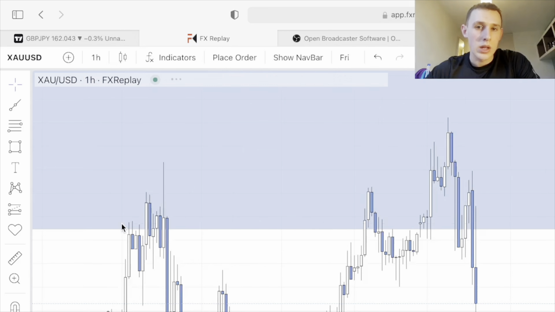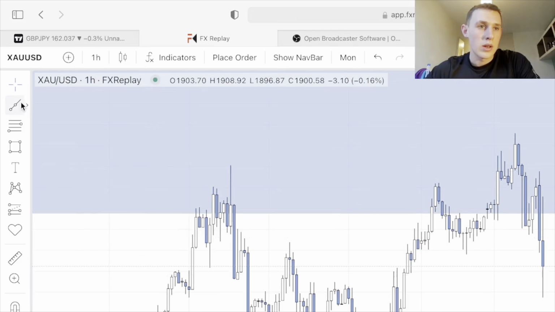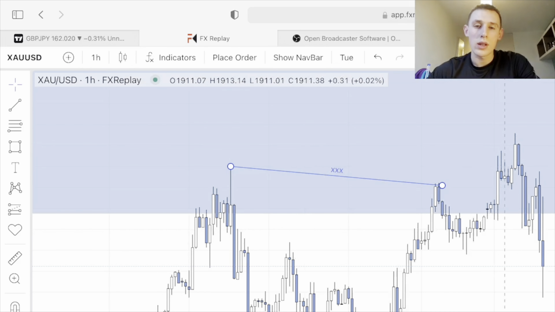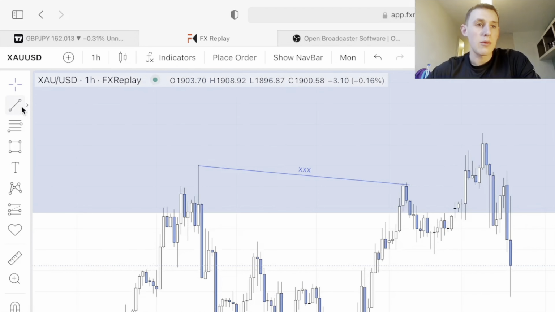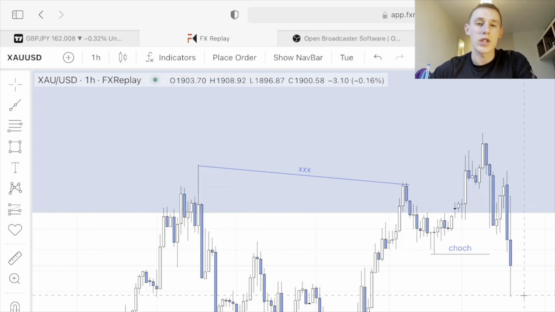So notice now what price has done. We had this area of liquidity being built up, and price has now taken that, came into the 50% area of our level of supply, and we've also had this break of structure, which we'll label as a change of character because it's a break of structure against the trend.